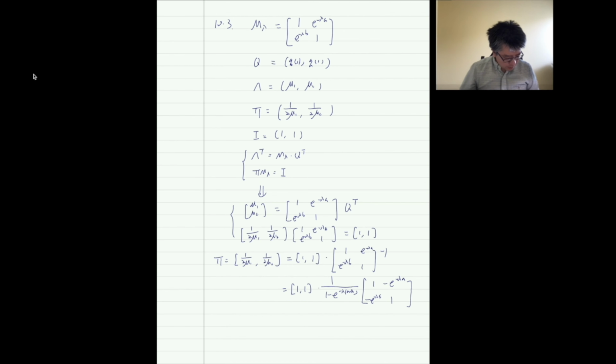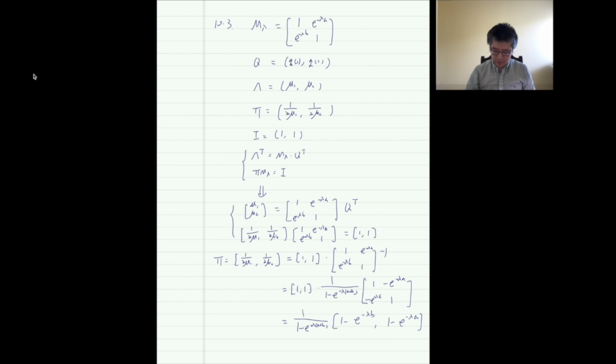We can compute this as 1 minus e to the power of negative lambda b, and 1 minus e negative lambda a.